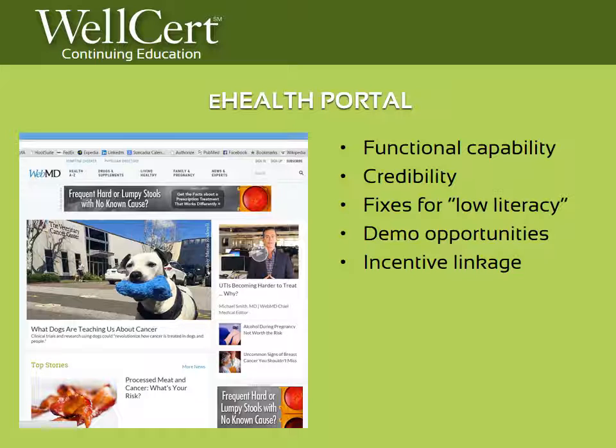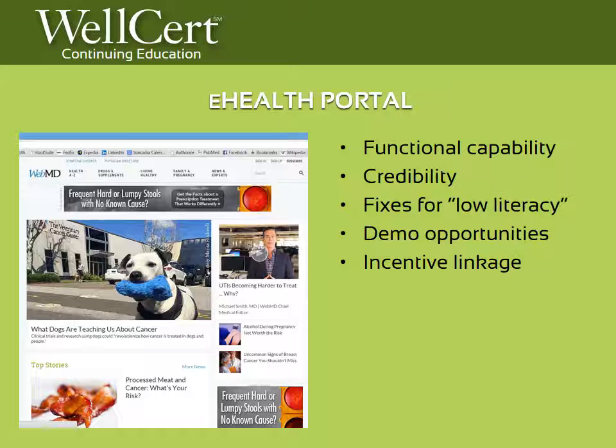Another one of the major issues is, is the eHealth portal incented in some form? Do we in fact have some way of requiring that people utilize it in order to receive an incentive reward?